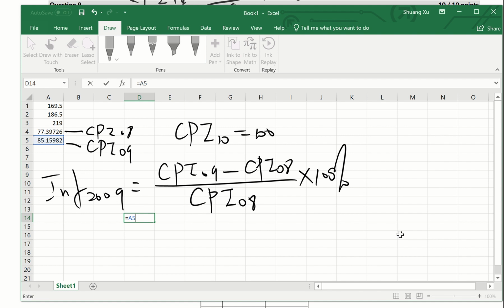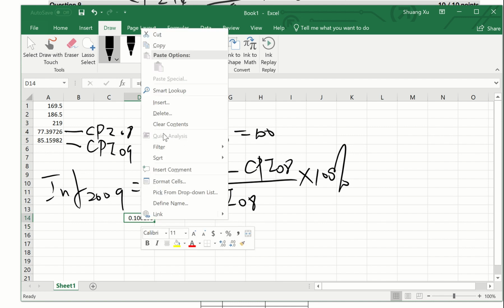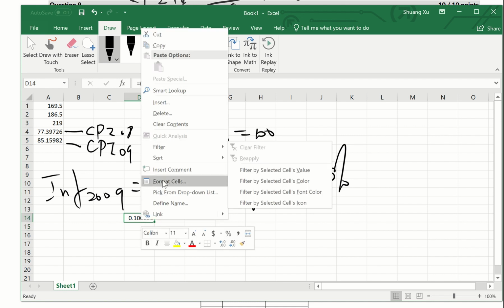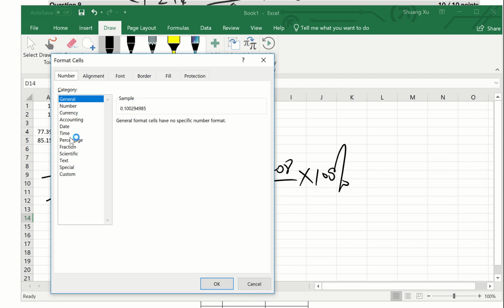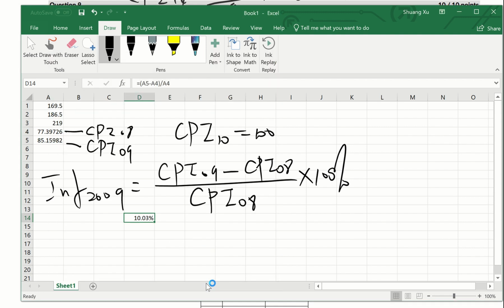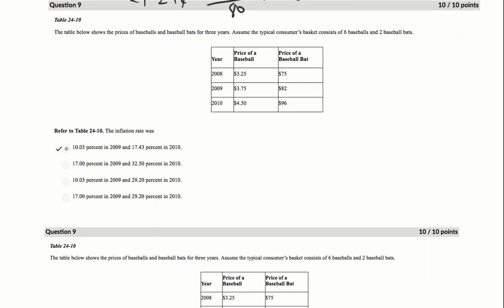Let me do parentheses first: 85.19 minus 77.39, divided by 77.39. Then show as a percentage. So the first one should be 10.03%. Okay, so far so good.